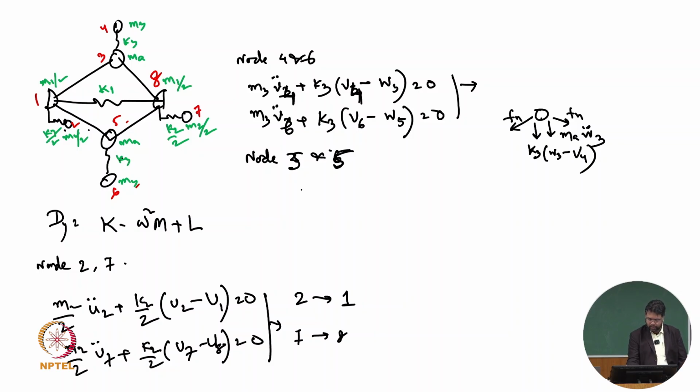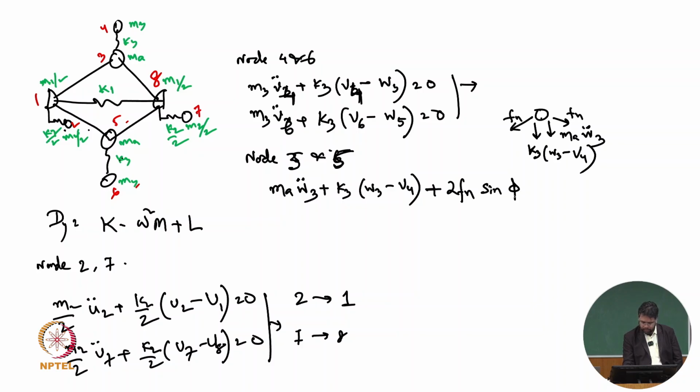So what will be my equation of motion? m w3 plus k3 into w3 minus v4 plus 2 Fn sin phi, that is equal to 0. Agreed?